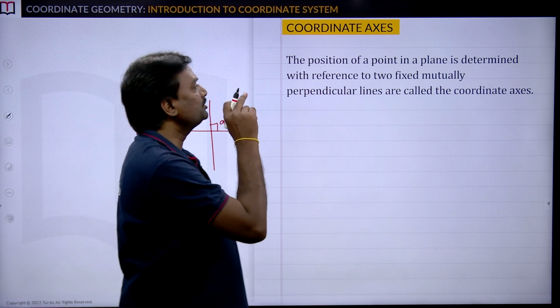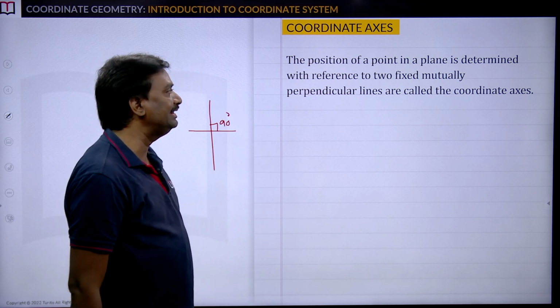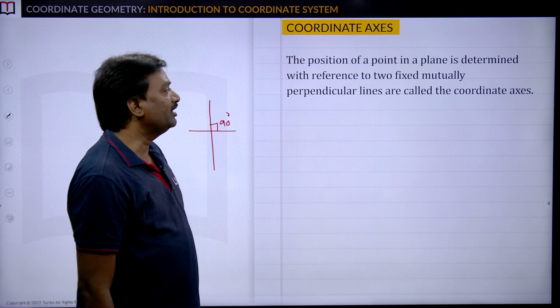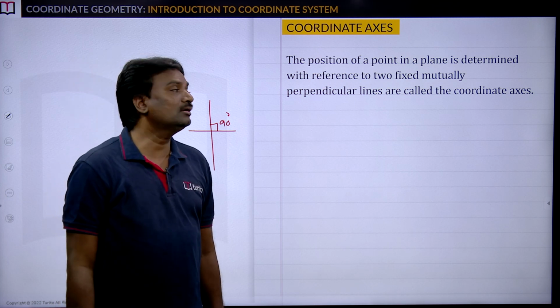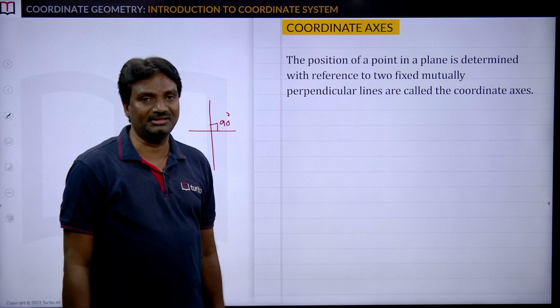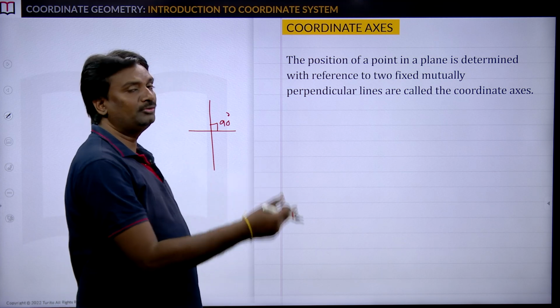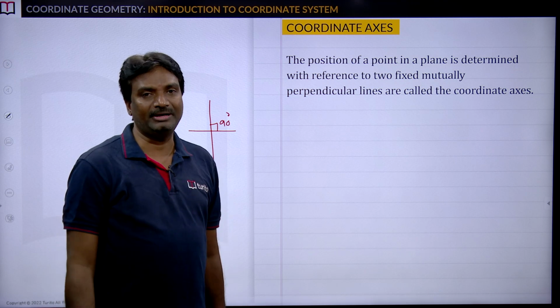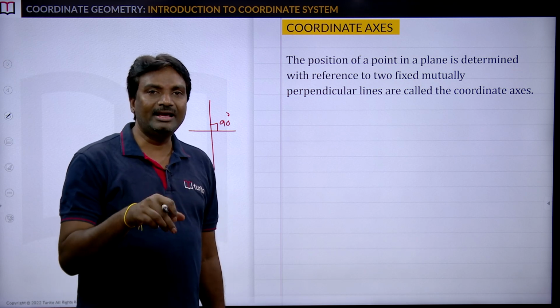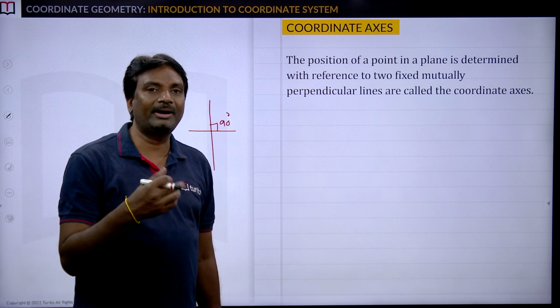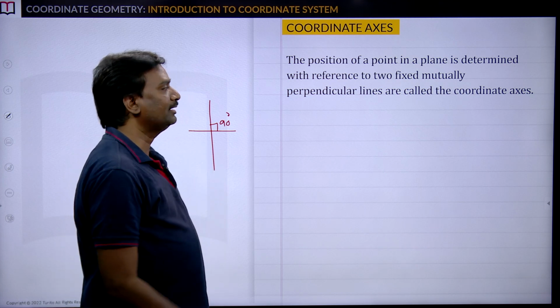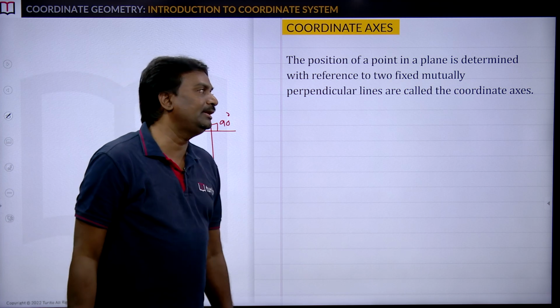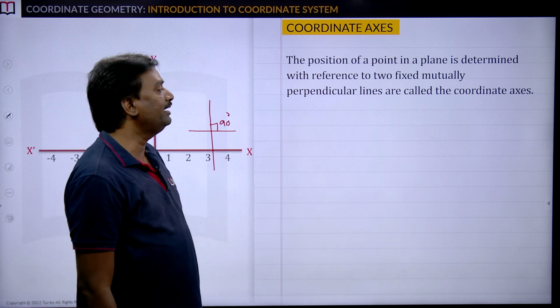The position of a point in a plane is determined with reference to two fixed mutually perpendicular lines called the coordinate axis. So, we have to keep one point on the plane, and we can take the position of that point with respect to two mutually perpendicular lines. Those two lines are called the coordinate axis.